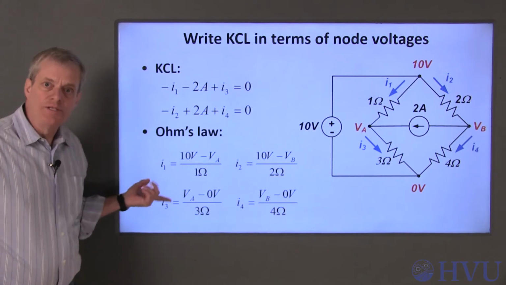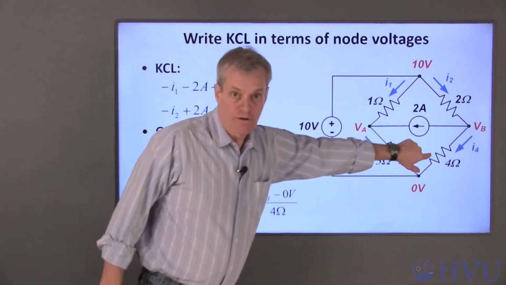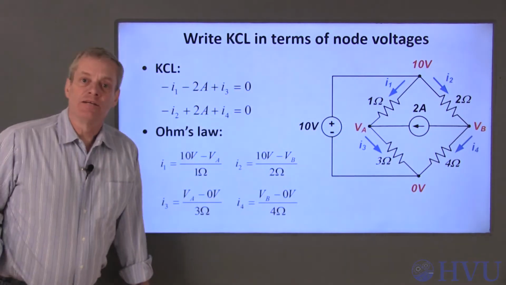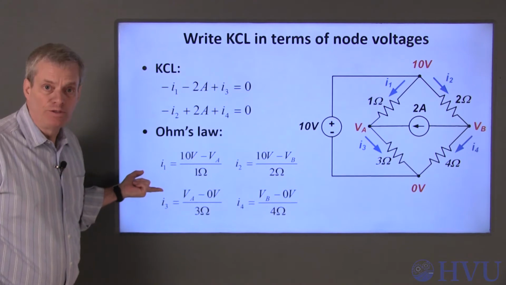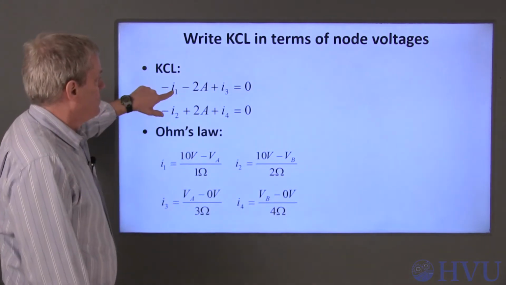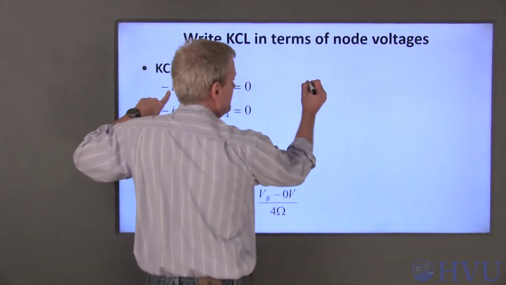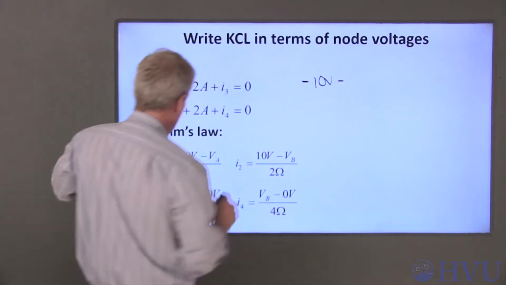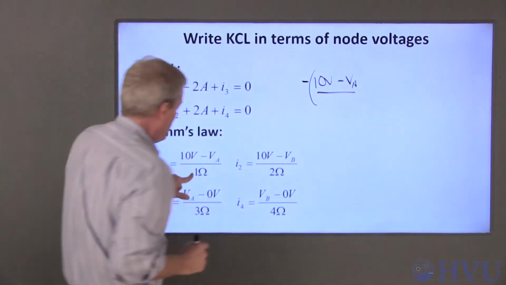These are the equations I derived on the previous slide for these assumed current directions. Now I can combine the equations to write KCL in terms of the node voltages. So for this, I have a negative I1, so I take the negative of this term, negative 10 volts minus VA over 1 ohm.